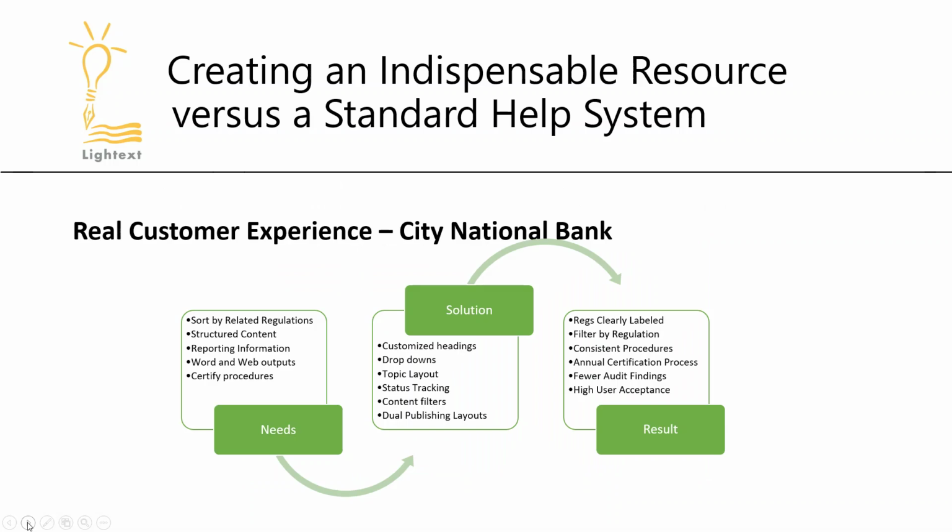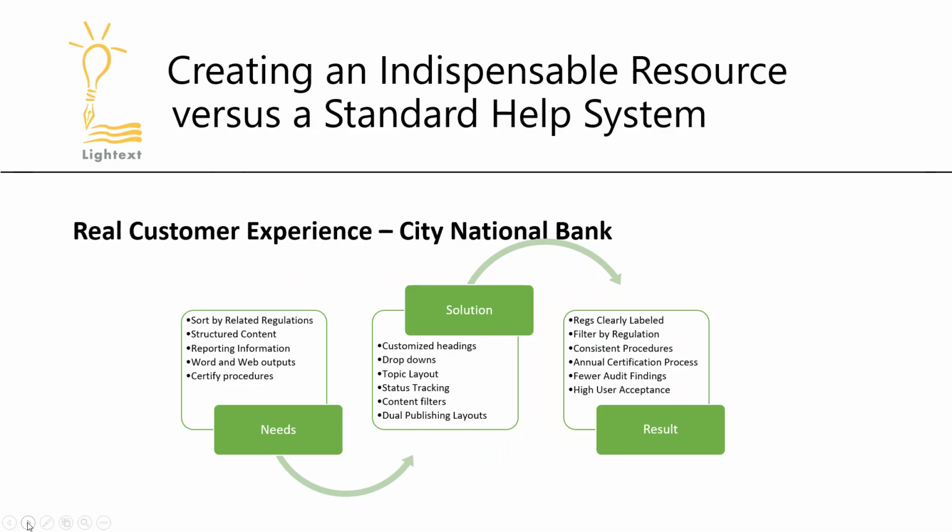They had to have procedures have certain labels in all of their content, so the content had to be very structured, it had to be reported on, and Word as well as web outputs were required because they had an annual certification process where they put Word documents through a SharePoint certification module, and they're consistently reviewed by the end users.